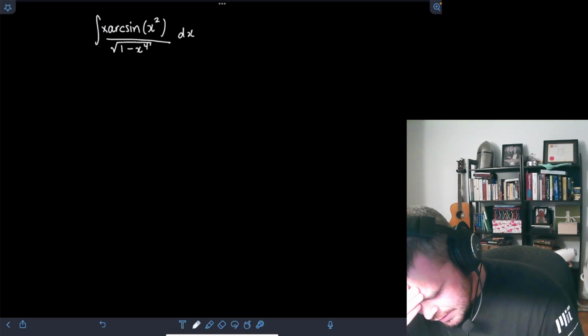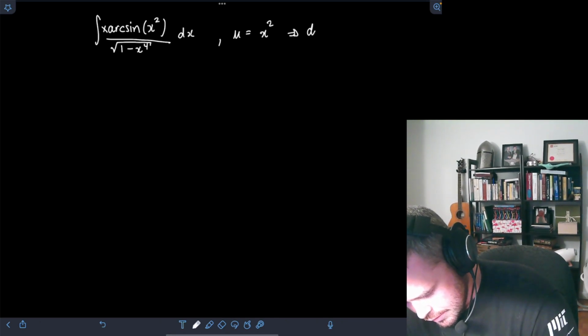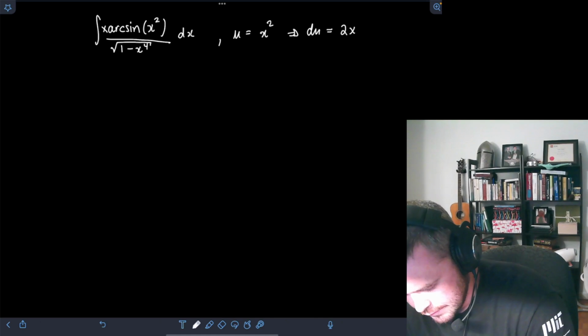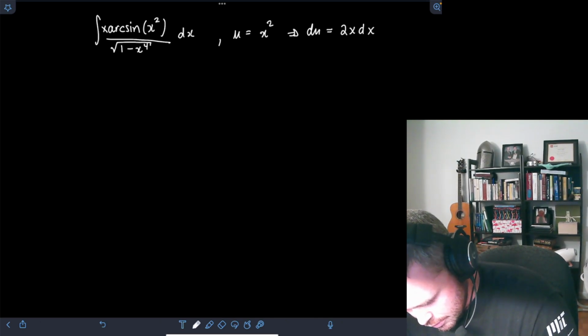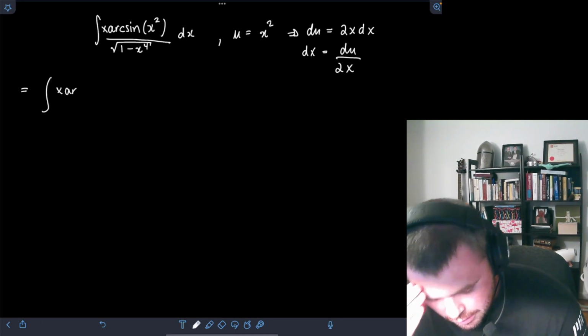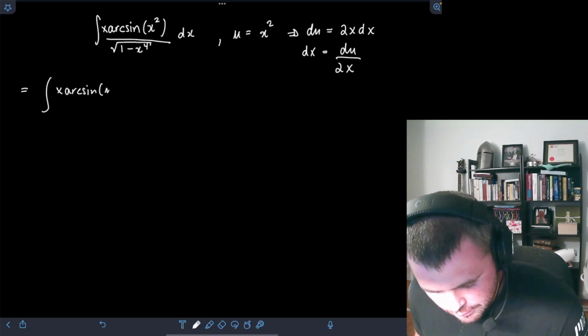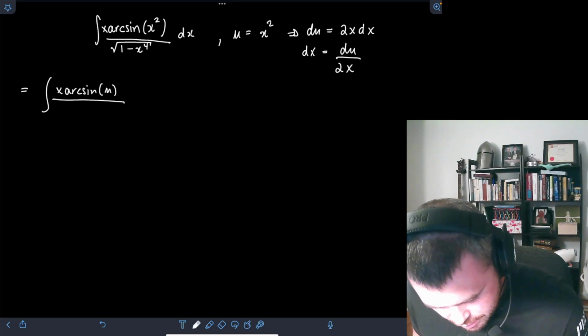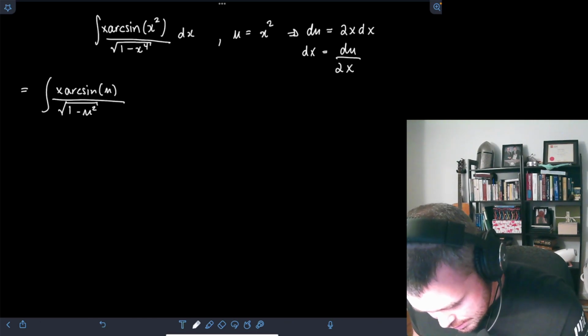So we can say that u is equal to x squared, and that therefore du is equal to 2x dx, or dx is equal to du over 2x. We can therefore rewrite the integral as x arc sine of u over square root of 1 minus u squared times du over 2x.